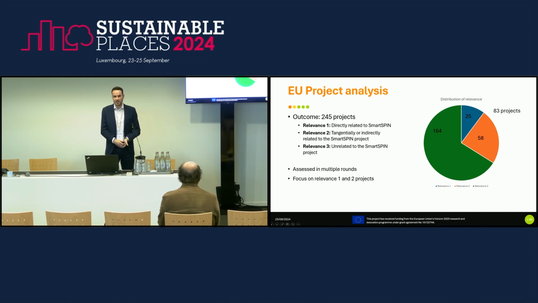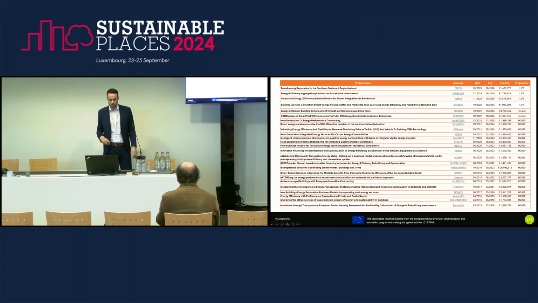And in this analysis, we have mainly focused on the relevance 1 and relevance 2 levels. We have assessed it in multiple rounds with various colleagues to ensure that we don't overlook stakeholders and miss certain relevant stakeholders. And the focus was on 1 and 2.